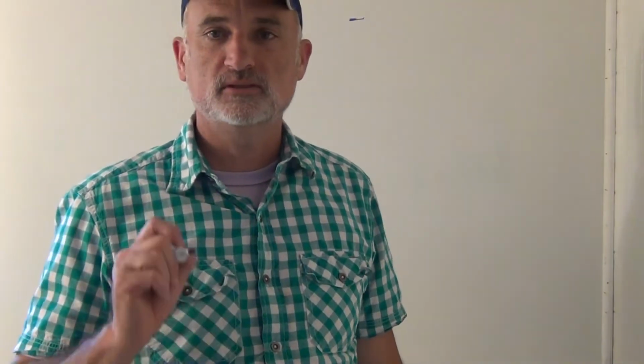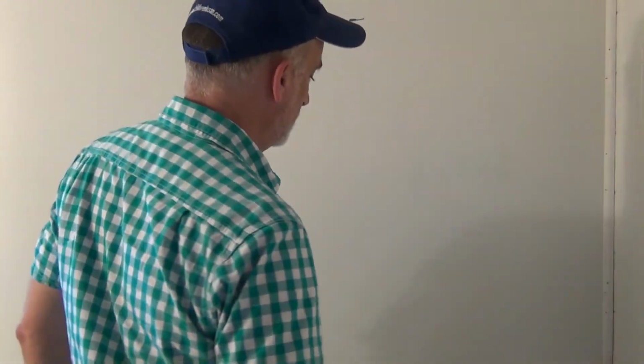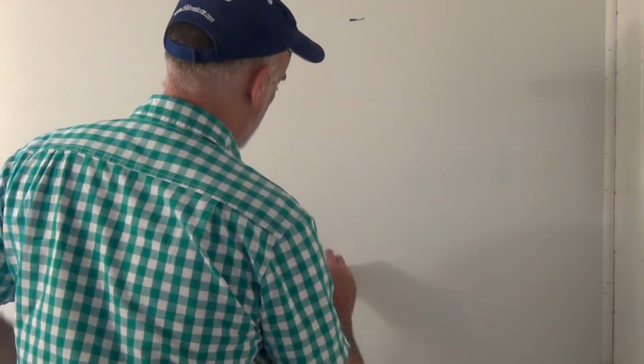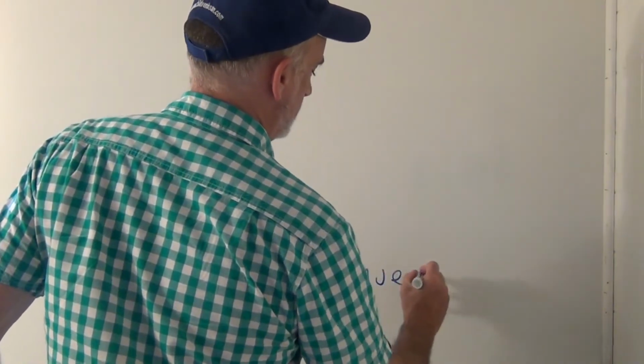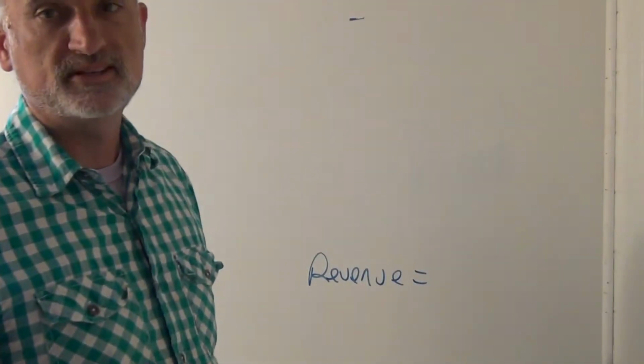So I want to take revenue and explain that real quick. Okay? So revenue is the thing that we talked about earlier. We know that revenue equals, what do we say?